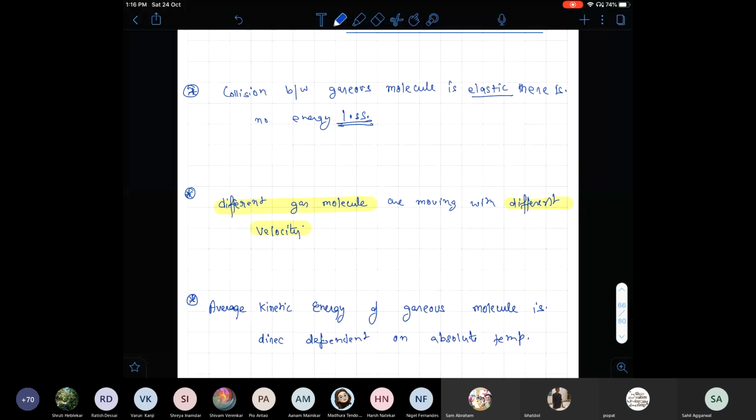Absolute temperature means temperature in Kelvin. Understood?